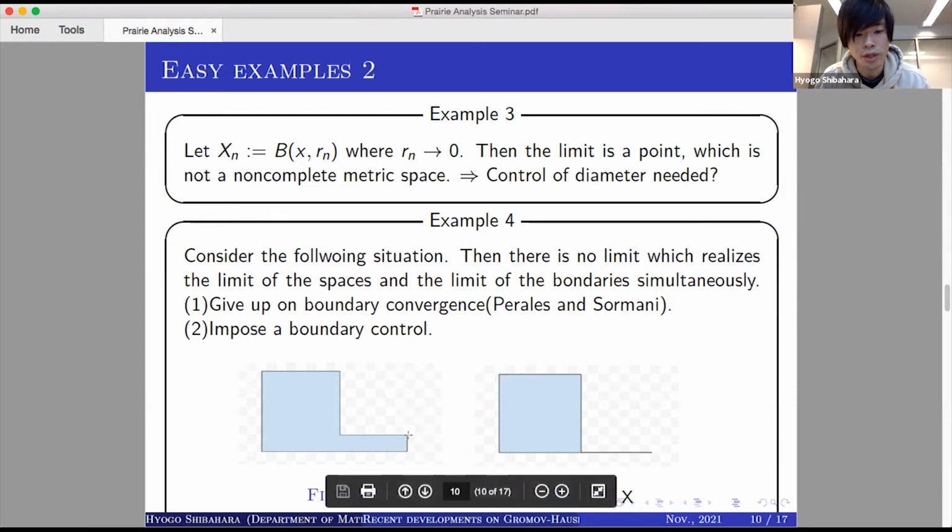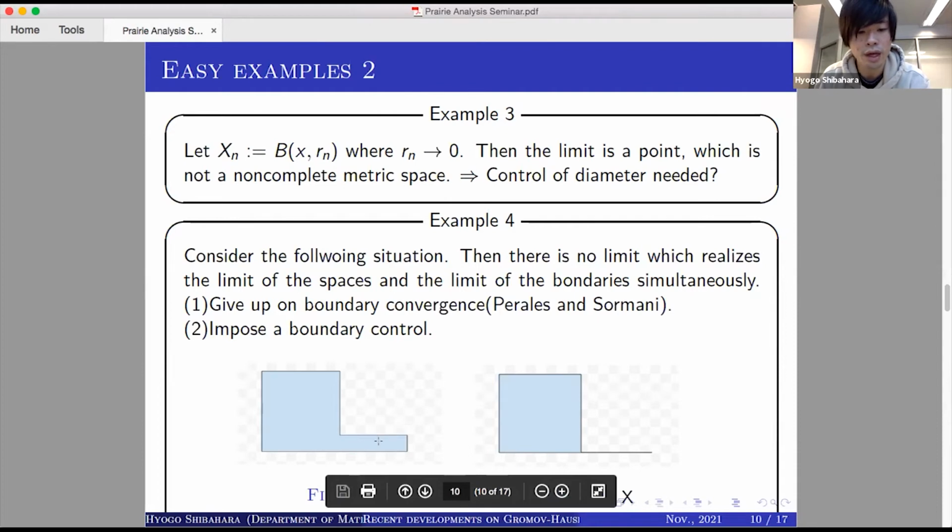We're going to consider X_n to be this shape. As n goes to infinity, we get this part thinner and thinner, and as a limit, we can see an object something like this. Then this line part is realized as part of the limit of the boundaries, and also as part of the limit of the spaces.